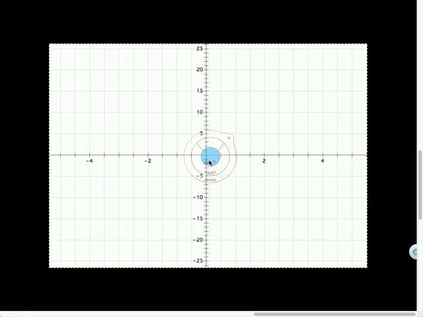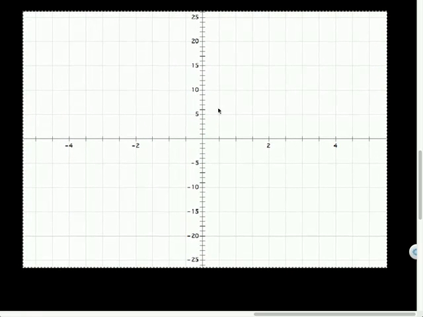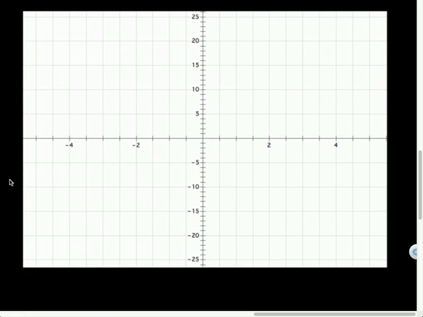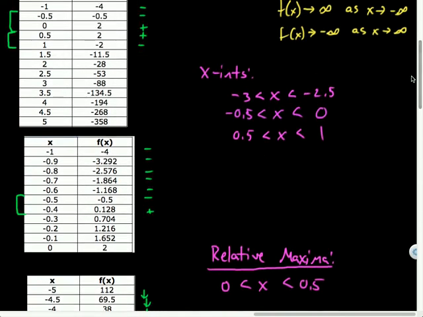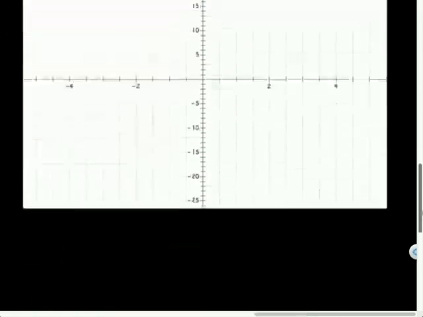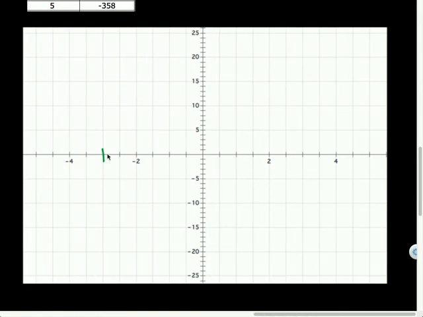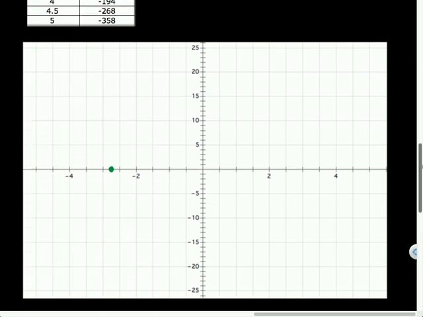So I don't need all of the points, but I do want to at least figure out where my interesting points crossed and such. So let's see, my zeros, my x-intercepts, I had one occur between -3 and -2.5. So here's -3, here's -2.5. I had an x-intercept occur somewhere in there. Right? Makes sense? So I plot it.